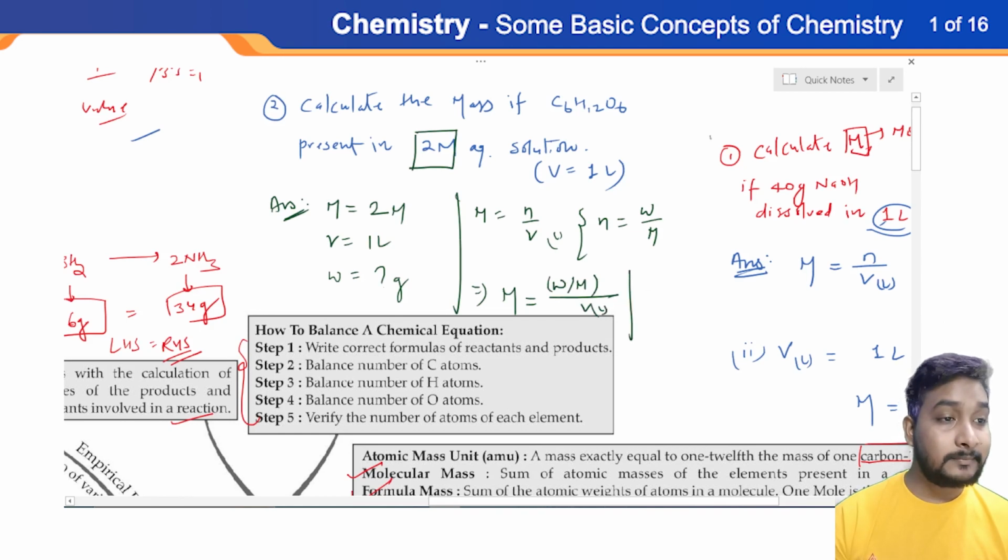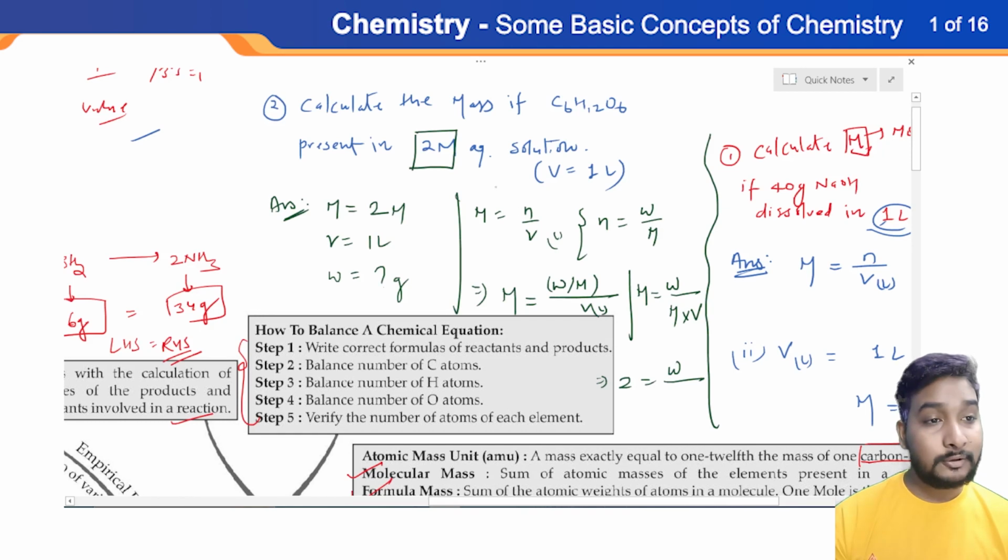So I can write it as M is equal to W upon M into V. Okay, so M is 2, W is unknown, and M stands for molecular mass, so molecular mass of glucose is 180, into volume is 1. So what should be the weight? Weight is equal to 2 into 180 is equal to 360 gram. This is your answer.